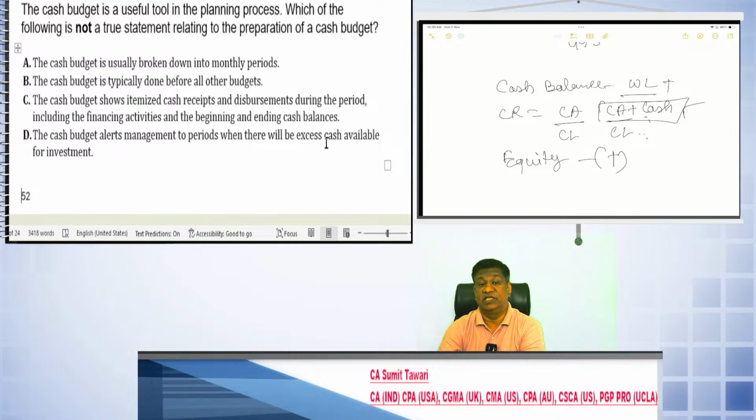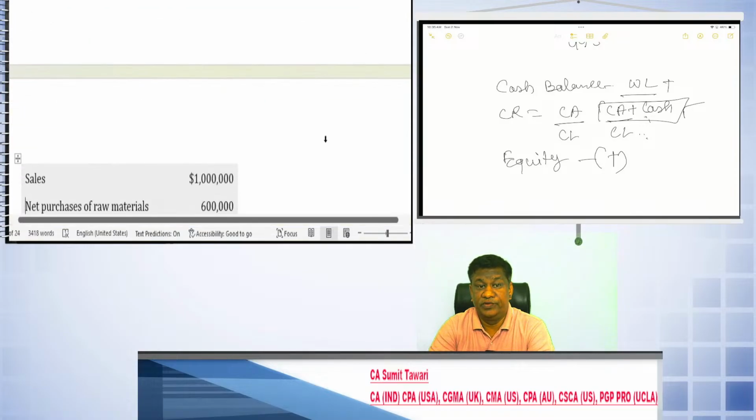Always the sales budget is your first budget activity. So the cash budget is almost the last activity. So the statement that the cash budget is typically done before all other budgets is not true. Question number 52.